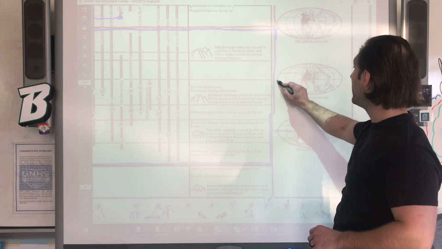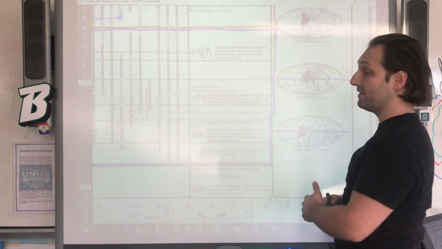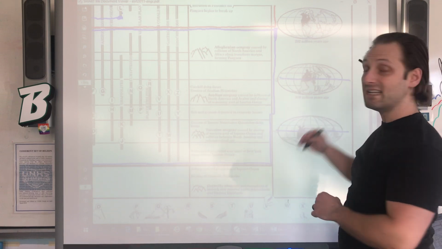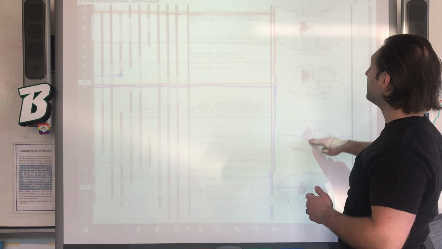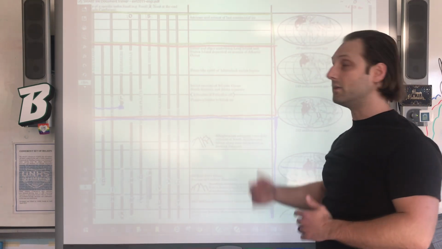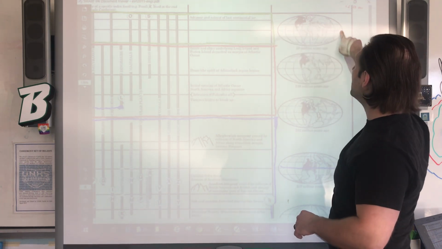Okay? So the equator is here. So it looks like for several periods, if not for several hundreds of millions of years, North America was near the equator. As it continued to drift further and further north until now we call it North America because it's north of the equator.